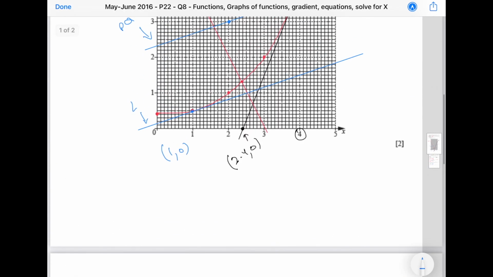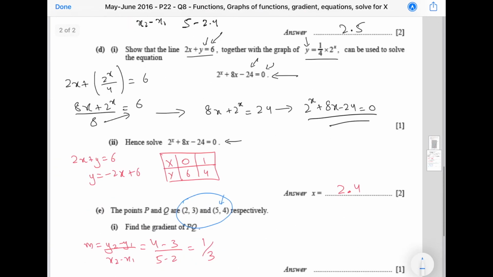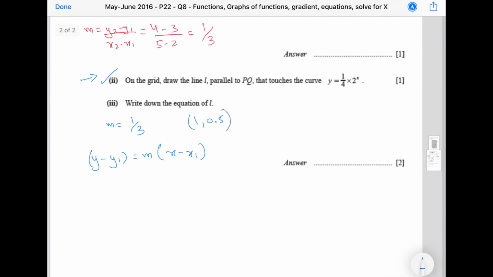It was 1 and 0.5. My bad. So it is going to be 1 and 0.5, and over here it is also going to be 1 and 0.5. So that makes it not on the y or x axis. Anyways, so you do y minus 0.5 equal to 1 over 3 times x minus 1.